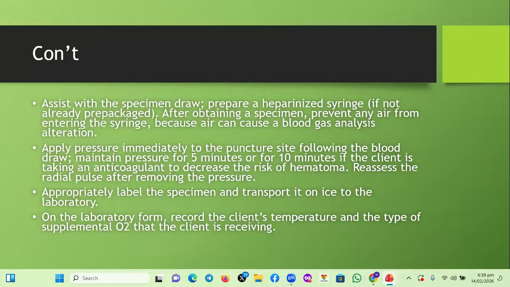That's why when you are suctioning, we say we don't suction past 15 seconds, because the more you suction, the more the oxygen level reduces. And so ideally the sample can be taken anytime during the day, but you have to consider the client's condition before you take the sample.